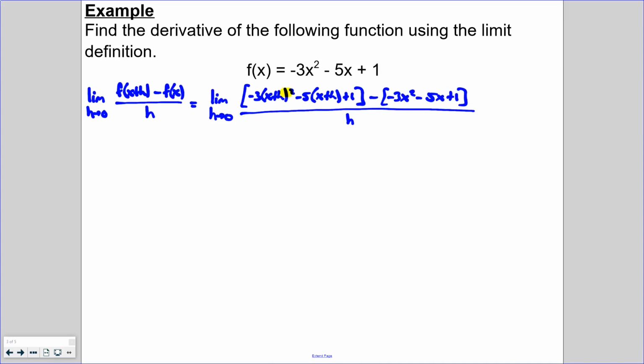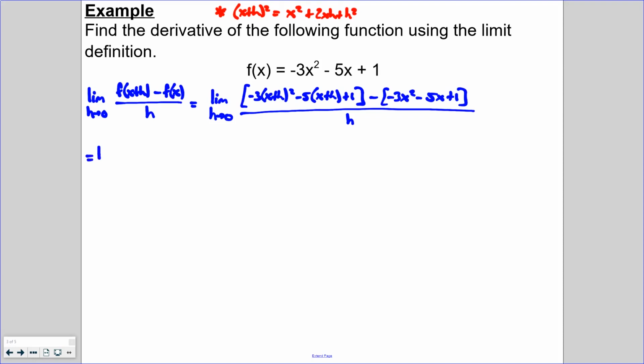Alright, so we see that we are going to have that x plus h squared term again in here. And based on what we did in the last slide, we can use the formula that x plus h squared is going to be x squared plus 2xh plus h squared. So we can just jump right to that formula.